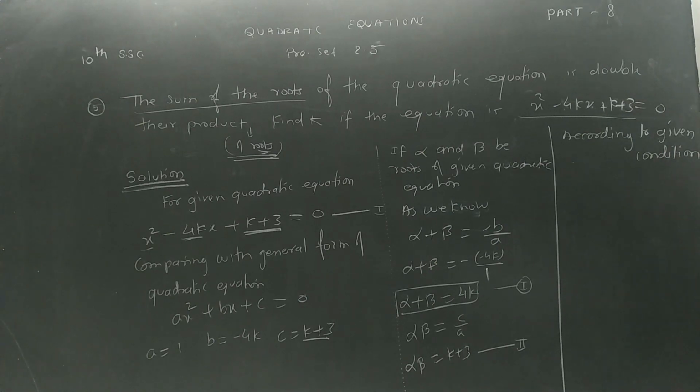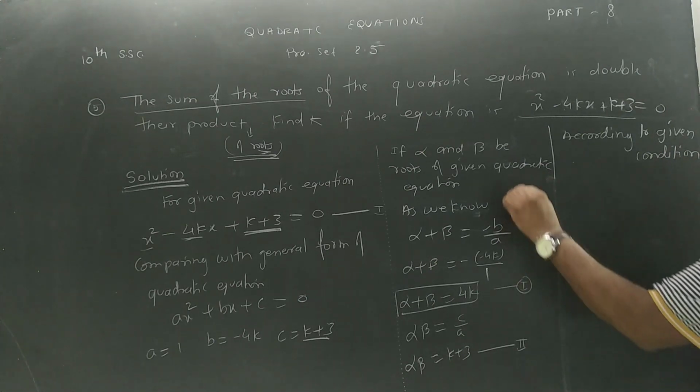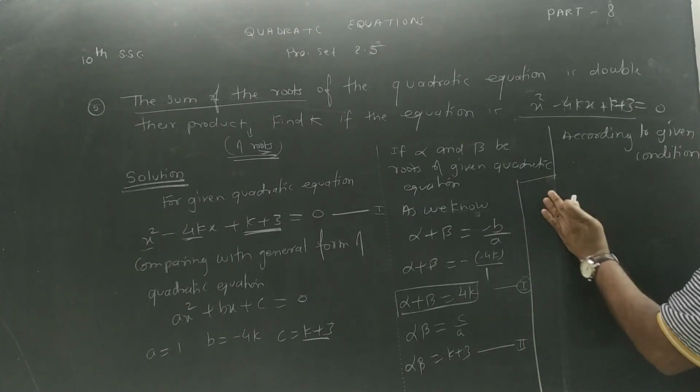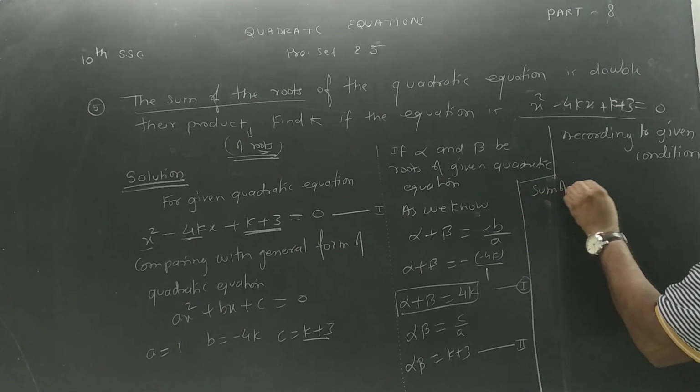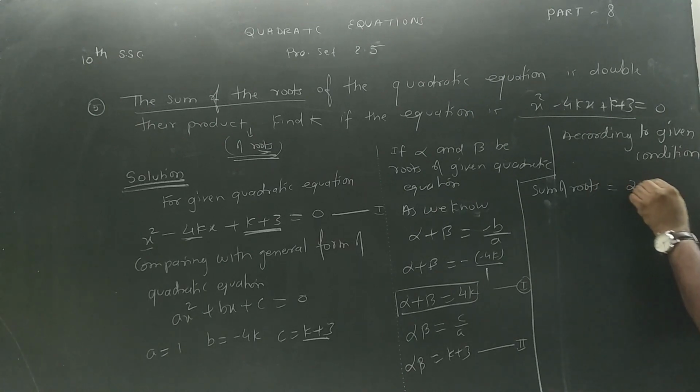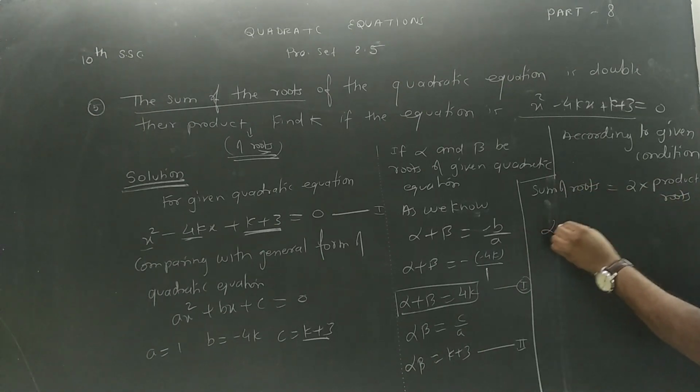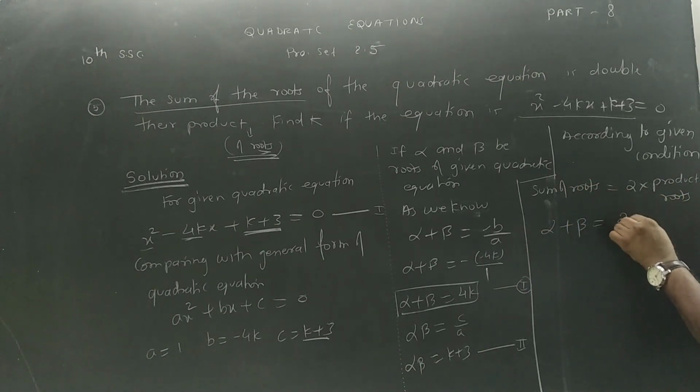What is the given condition? They have given the condition that sum of the roots is equal to 2 into product of roots. Right? Sum of root is nothing but alpha plus beta, and product of root is alpha into beta.